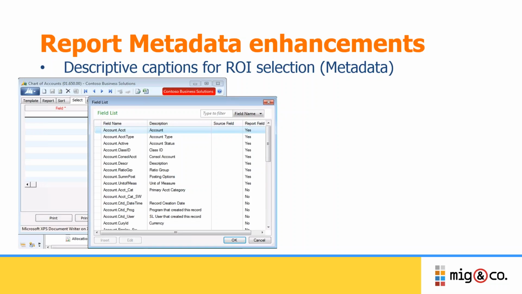As you see in the front window, you'll have a field name such as account.acct, account type, and so forth. But so many of these also have what are known as different views, and the coding can be confusing. So what we've done is we have actually added a description of that.